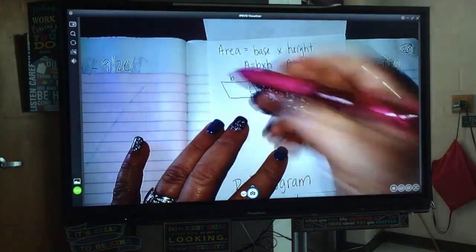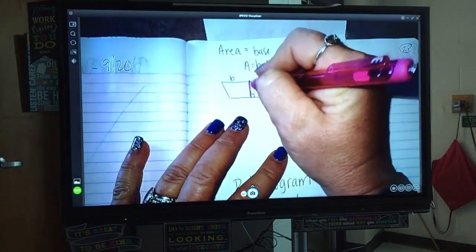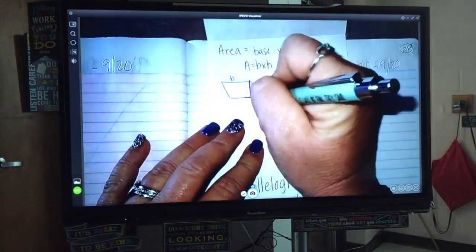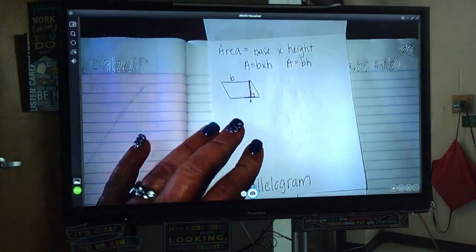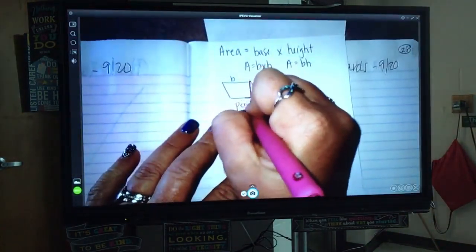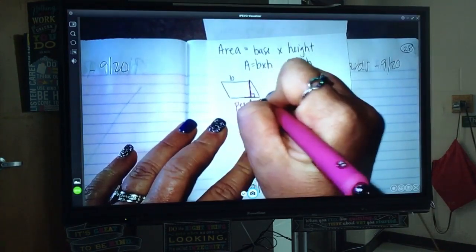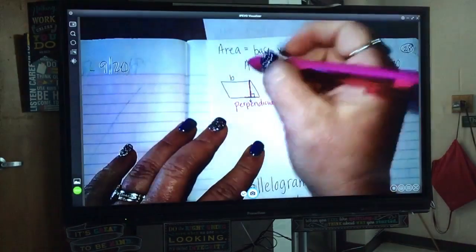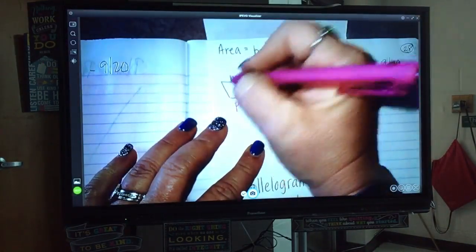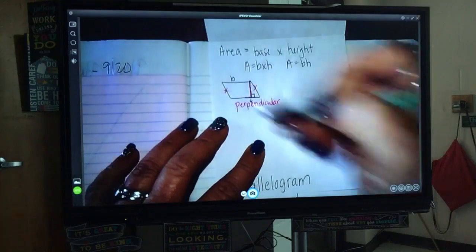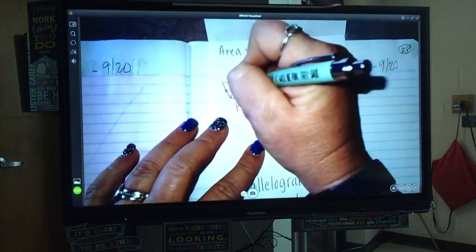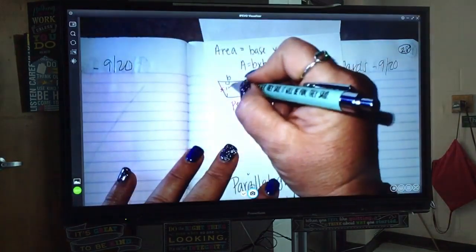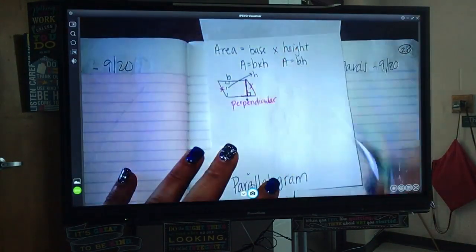Take your color and make it stand out a little bit that you just formed a perpendicular line right here. You will never use the slants when you're finding the height. This dotted line simply means height.